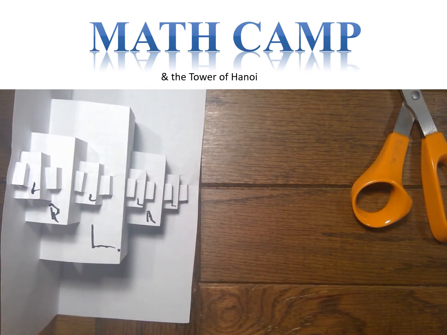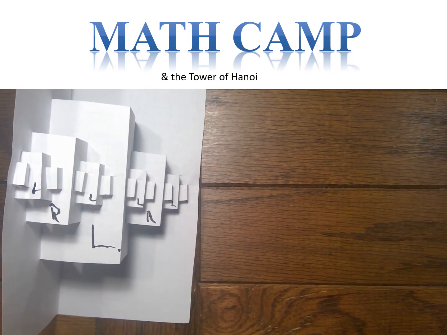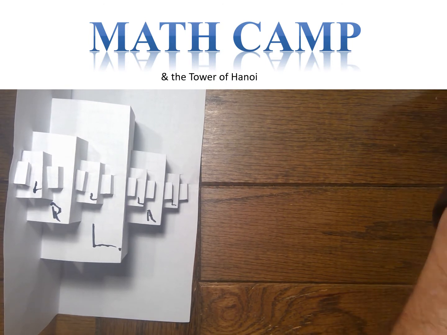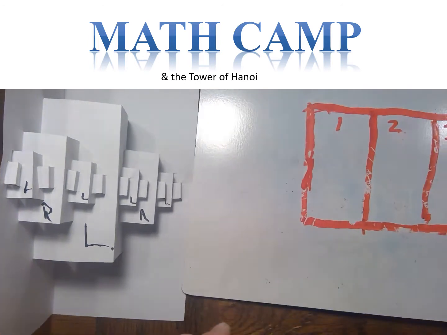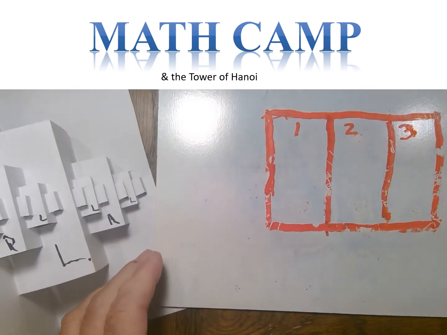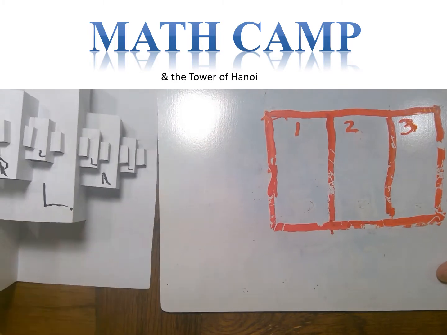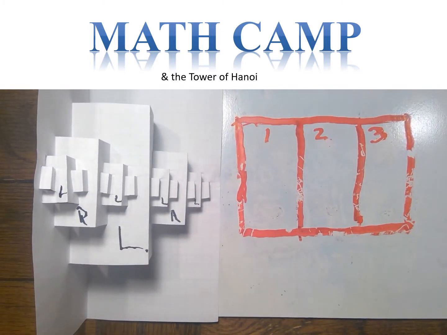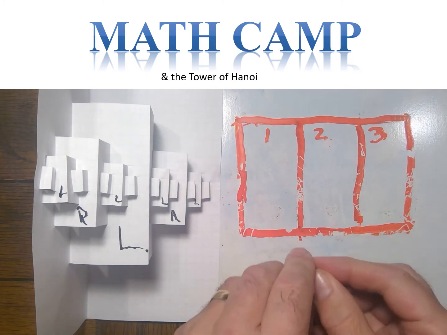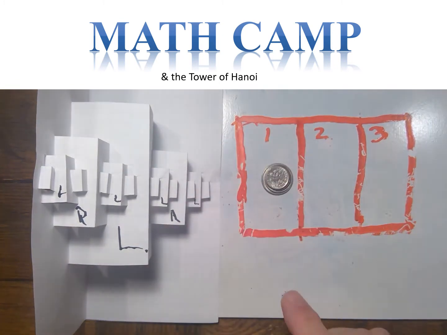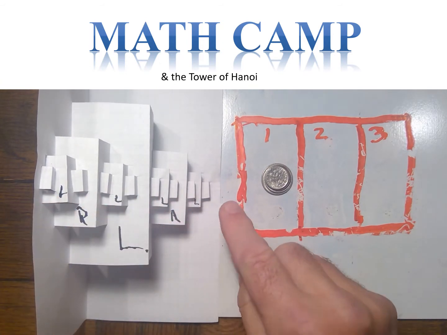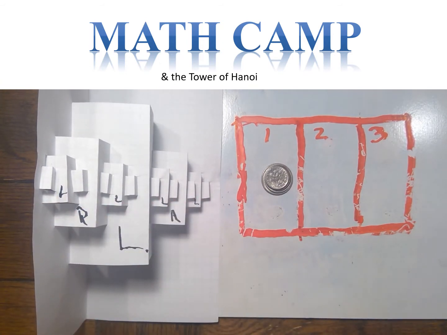So what I'm going to do is put out the Tower of Hanoi with 4 coins. So there we go. So we're going left and right, and when you're going up the steps, I'm going to start at the bottom and walk my way up.